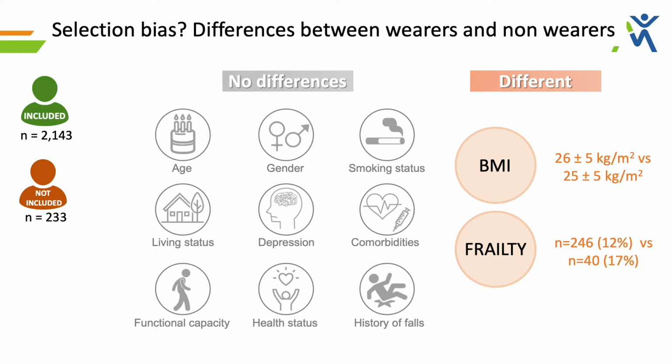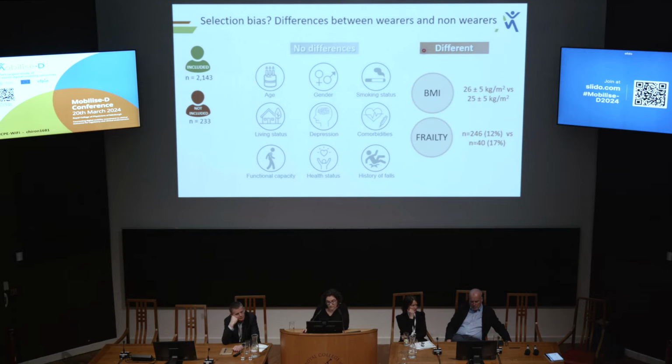More important, we tested whether there are differences between the wearers and non-wearers, so those who were wearing the device and those who didn't. We found no differences in age, gender, smoking, living status, or mental health, comorbidities, functional capacity, health status, or even history of falls. We found a difference.